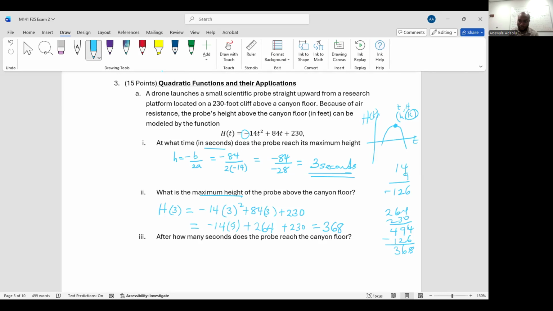The unit is feet, I believe. So we have that.